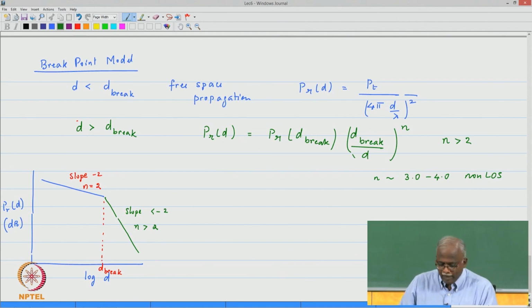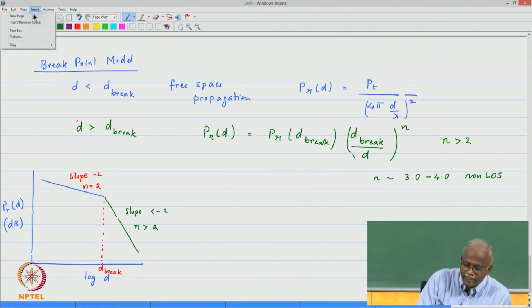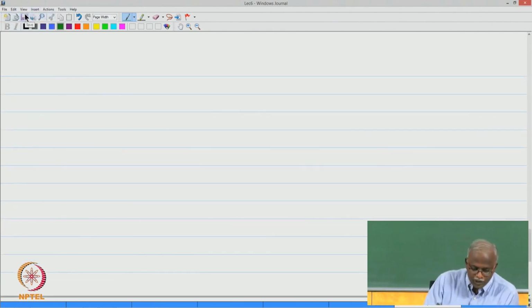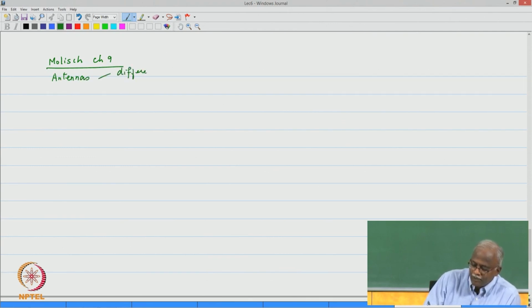Okay. Now, I would like to go back and quickly explain a few elements about the antennas, and before that let me also suggest that for this portion a good reference would be Molisch chapter 9, which has a good systems level description of antennas, the different types of antennas and their construction and their basic properties.